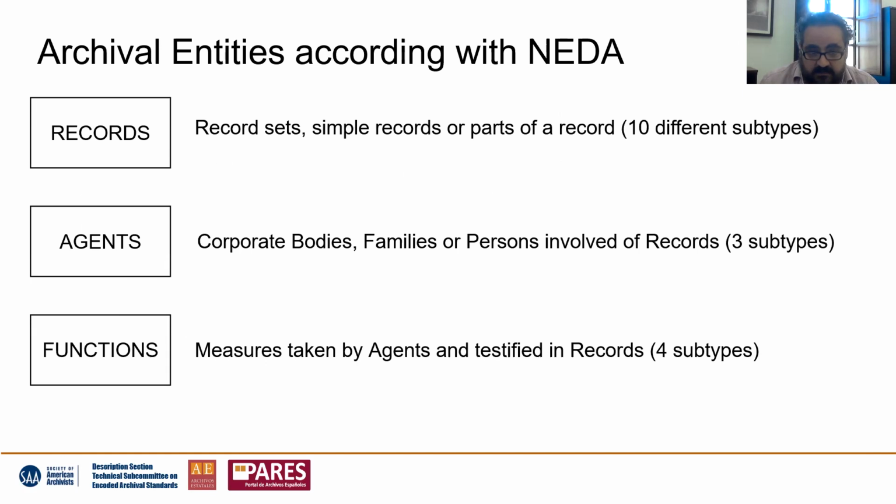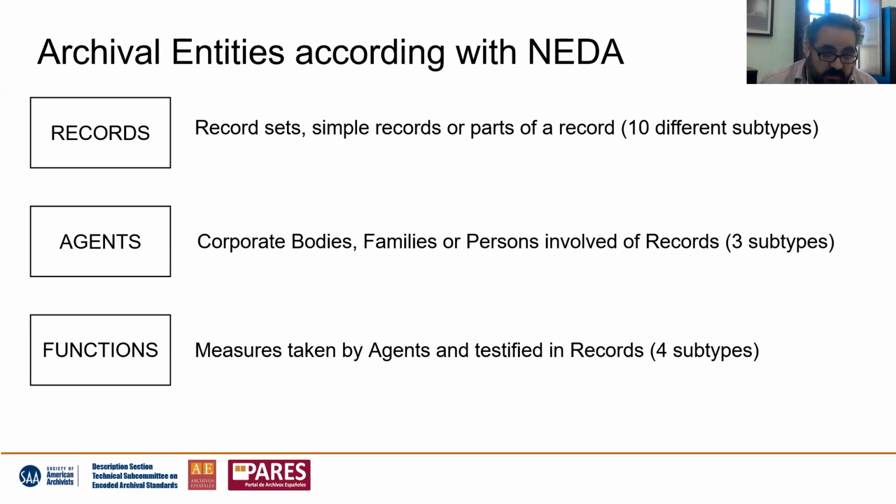Next, there is the archival entity known as agents, which includes any corporate body, any person, or any family that may be involved in records. And the third entity of NEDA standards is called functions, and contemplates every business activity, process, or action that is performed by agents and evidenced in records.